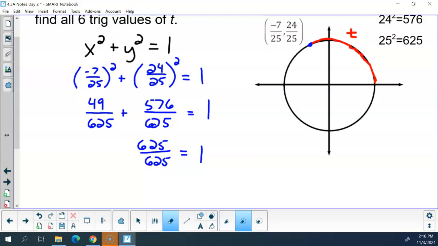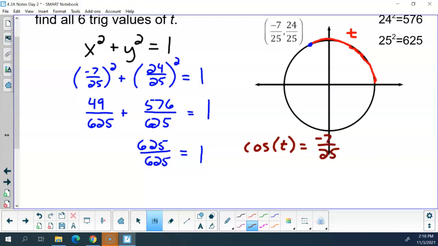So therefore, now we can say with certainty that the cosine of my angle T is going to be the x value, negative 7/25. The sine is going to be my y value, 24/25.